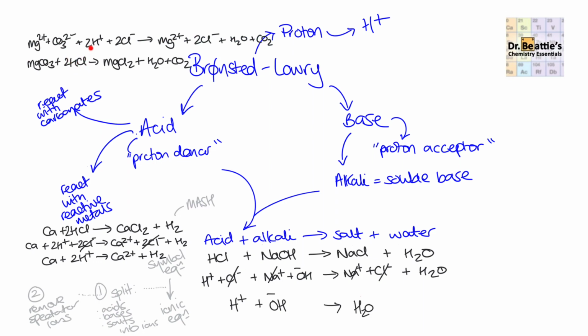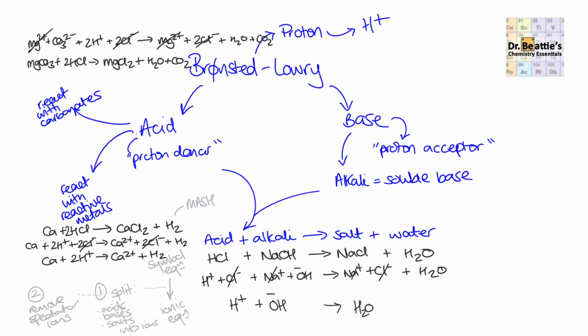Two HCl's, that 2 is showing we've got 2 lots of protons, 2 chlorides, and then what we need to do is remove any spectator ions. These are any that have no change in charge going from this side of the arrow to this side. So you can quite clearly see magnesium and chloride are the same on either side, so we're going to get rid of them because they're spectator ions.